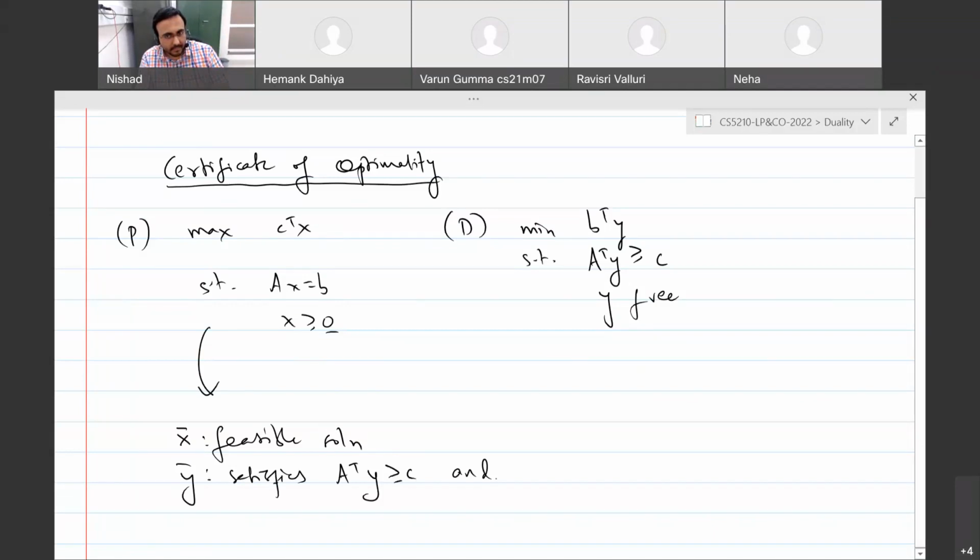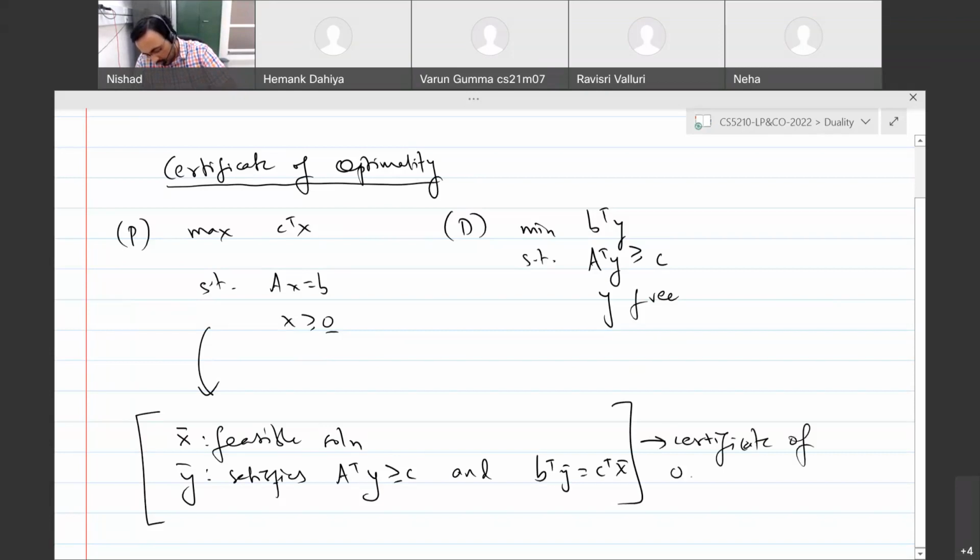The value of C transpose X should be B transpose Y. Exactly. B transpose Y bar is equal to C transpose X bar, right? And so this is exactly what acts as a certificate of optimality, right? If I had covered it back then in module 3, it would be a bit too mysterious.